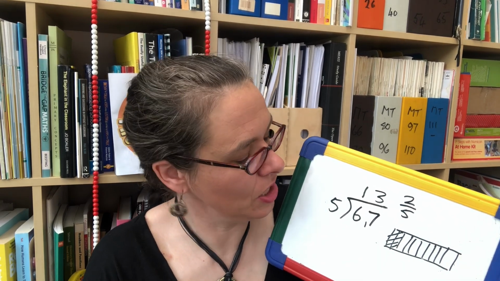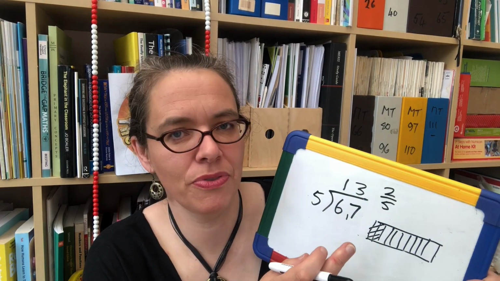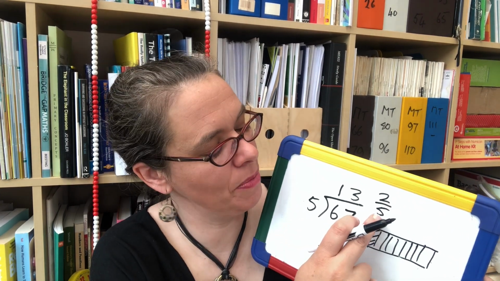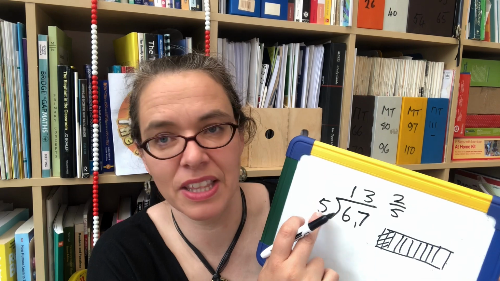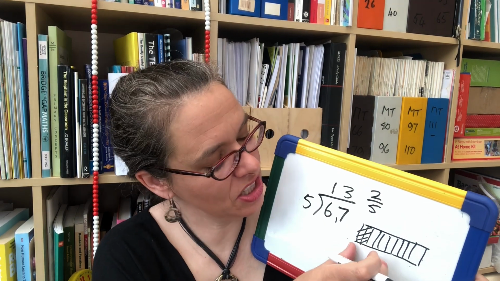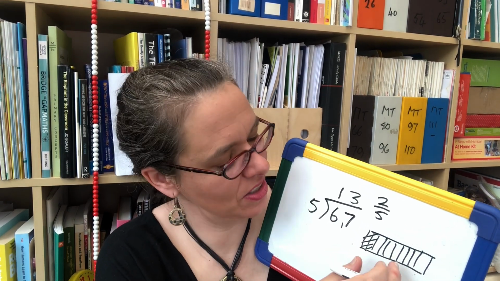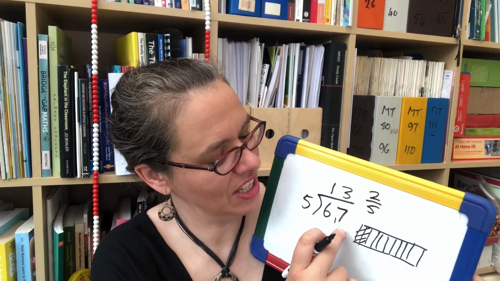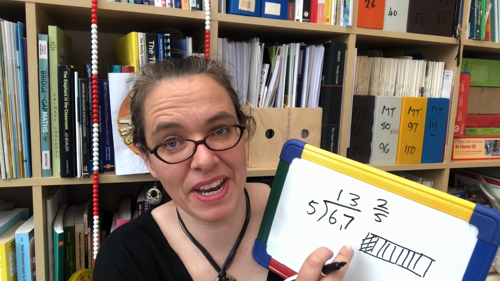If you follow this method exactly, you are always sharing the number of things you've got left into this many parts. So the bottom number, the denominator of your fraction, is going to be this number. And from each thing you get one part. So the top number of your fraction is going to be your remainder.